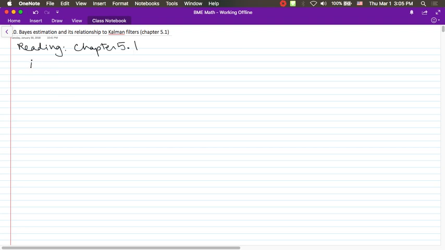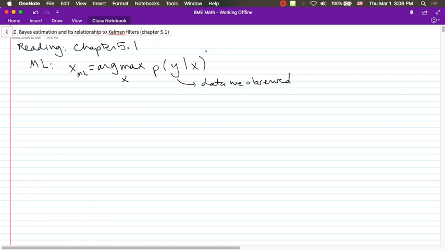In maximum likelihood, what we did is we said, let's find the x that maximizes the probability of our data given x. Here's our data that we observed. Here's our unknown.